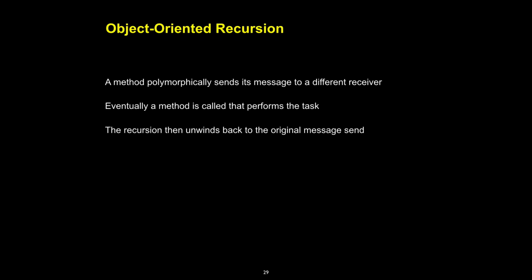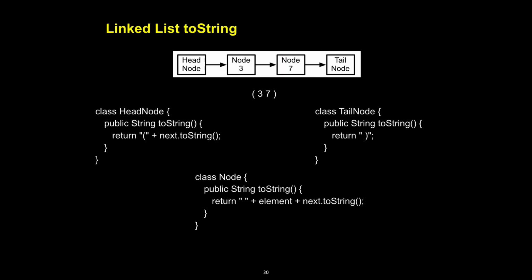What is object-oriented recursion? Well, instead of the function calling itself, we don't have functions, we have methods, right? So we send the same message to a different object. We've seen this example before where I've got this linked list, and I define toString on it, right? The head node is going to do something and then call toString on the next thing.